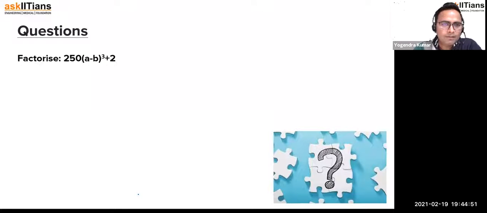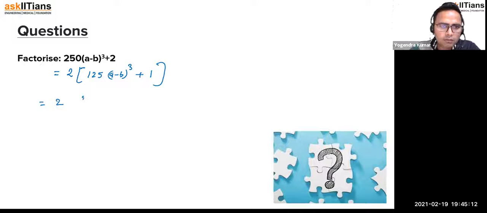Okay. Fine. Now, what do we have? We need to factorize this. Now, what do we have for factorization here? Can I take 2 common? Because otherwise it doesn't look like a cube. So what here? 125 (a minus b) cube plus 1. I have this. So 2 common.